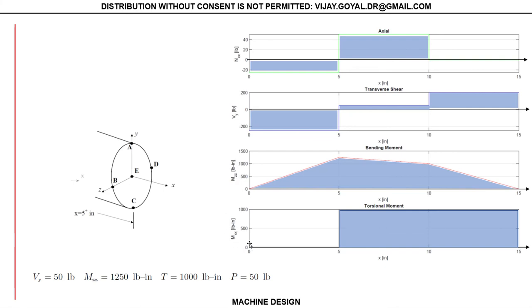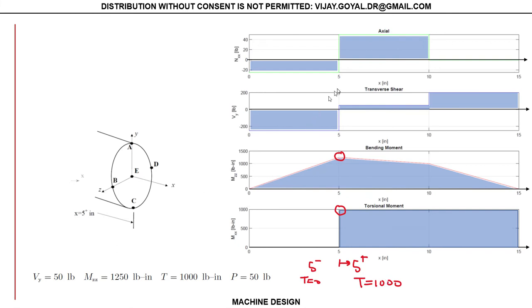One of the things we can immediately realize is the location where the moment is maximum. This is the location of maximum moment, and so is the torque. But it happens on this side, at 5 plus. On 5 minus, this value remains the same, but my torque value is 0, whereas here the torque value is 1,000. So this is the location of maximum torque.